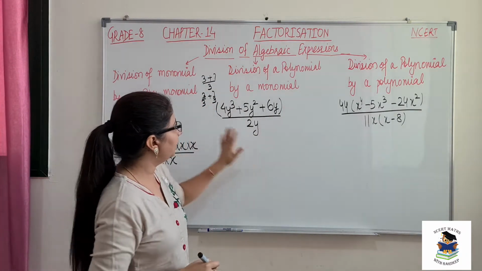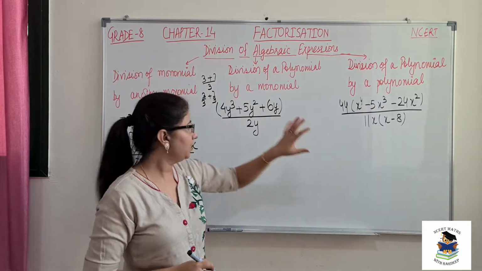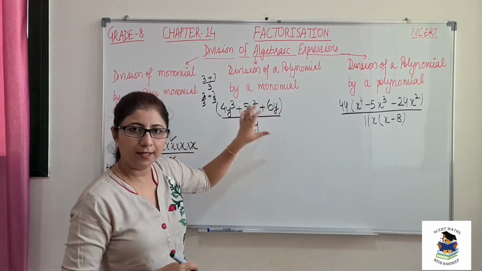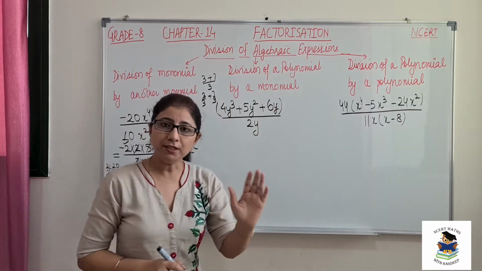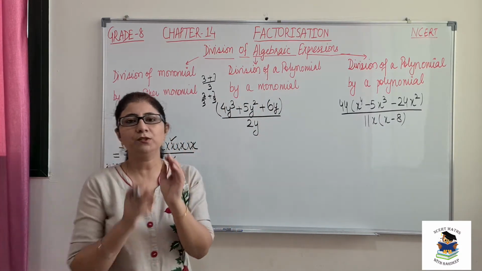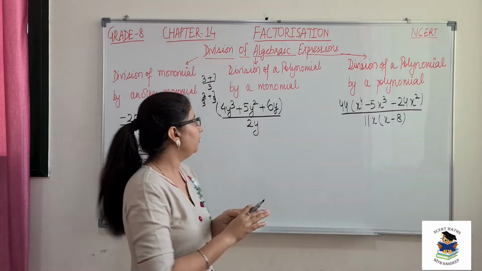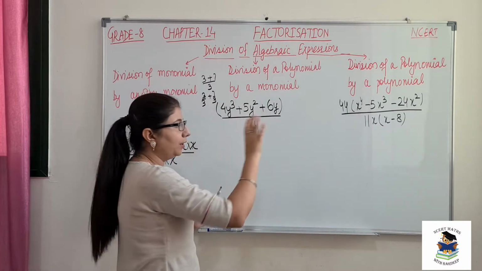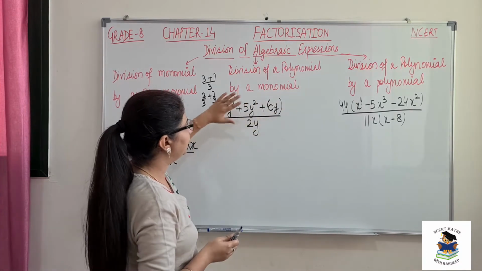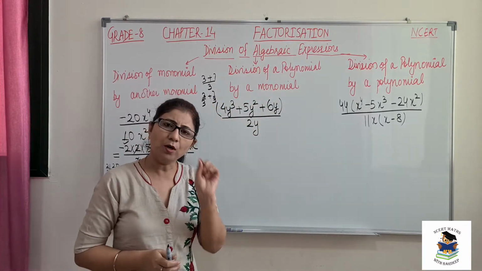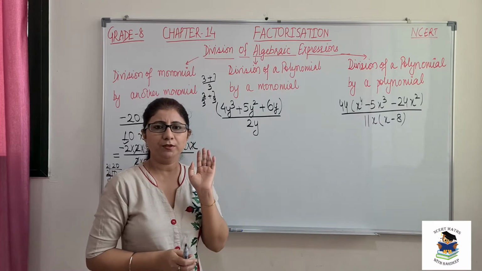So in the same way here also, whatever denominator we are having, we will write denominator of each term. Mostly students will do mistake here, that whenever we have positive or any negative sign, we cannot cancel this denominator with any one term. This is a common mistake that every student does.